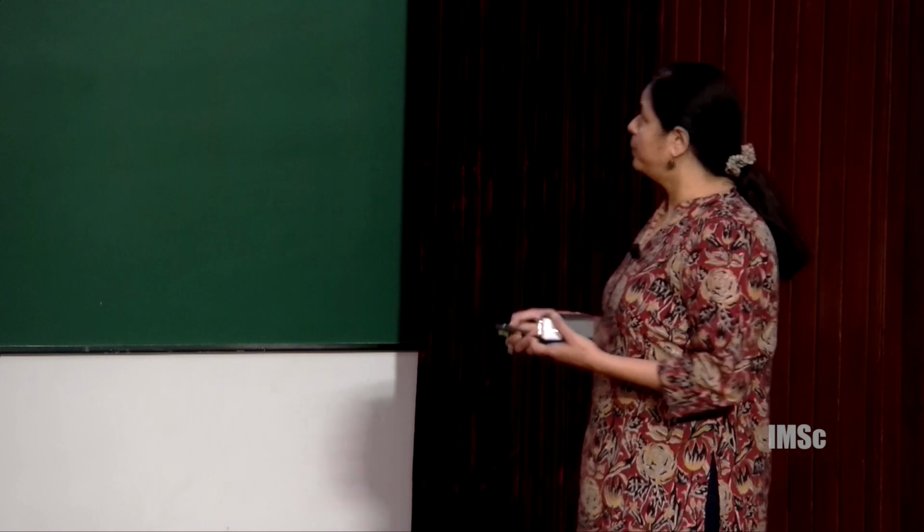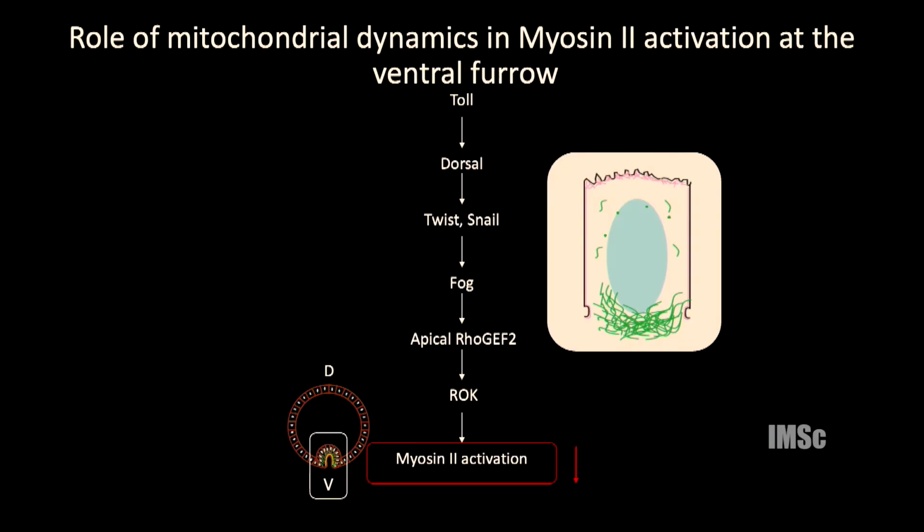One of the proteins which I have studied for many years is a protein called DRP, a dynamin-related protein. When we remove DRP from these embryos, mitochondria, which are usually small dotted-like structures, are now present in a filamentous conformation and they cannot move anymore. They become very bulky for the motors to carry them, so they get stuck in one particular place.